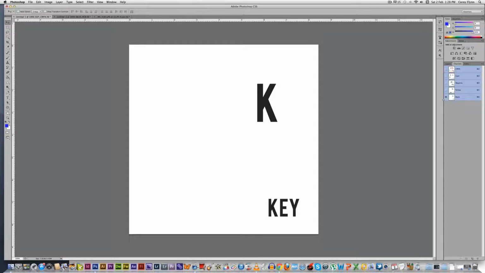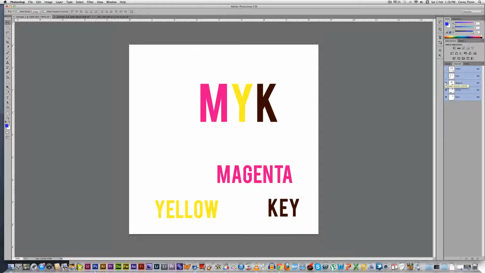But as you can see, the key will get more and more black as I add the yellow, the magenta channels. If I look at the yellow, there's a bit of yellow tint to that. You have magenta, pink, a bit pinker, and then you get your cyan. And when they're all together, they'll look normal like on the screen.